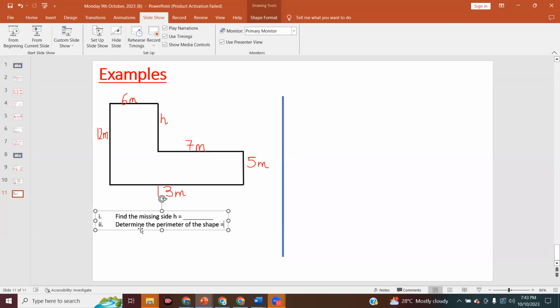All right, put your answer inside the chat for me, please. I want everyone to answer. What do you think is going to be the size of the missing side H? So H is right here. Only a few of you are answering. I need everyone to answer, please.